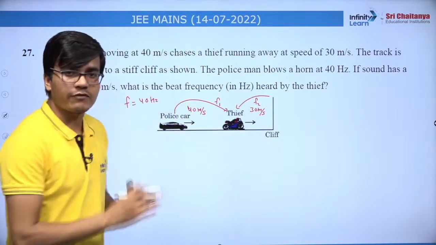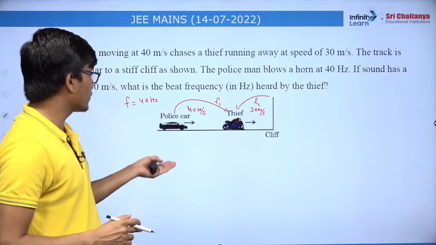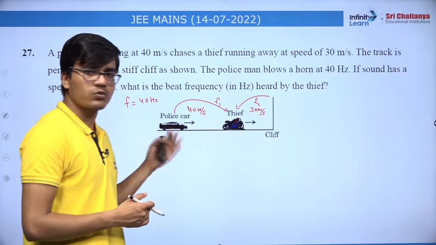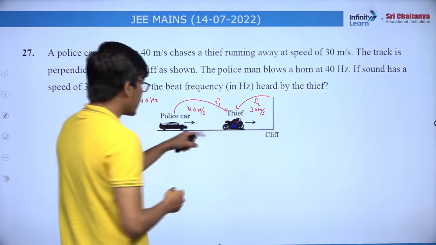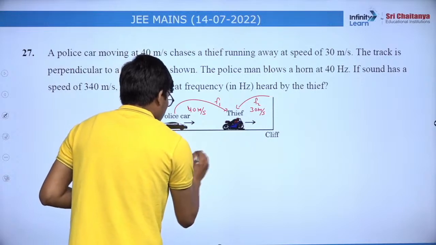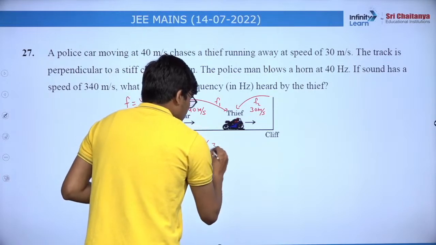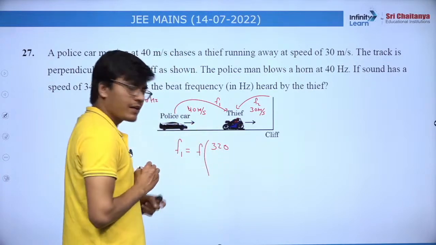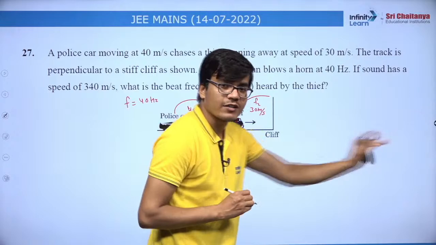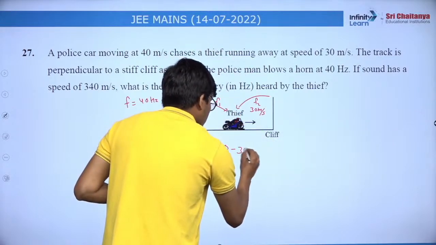So we have to find F1 and F2, and if I want to calculate the beat frequency, I have to subtract them. So directly, how to find that? Frequency F, the speed of sound, and the observer is moving away, so minus should be there with 30.